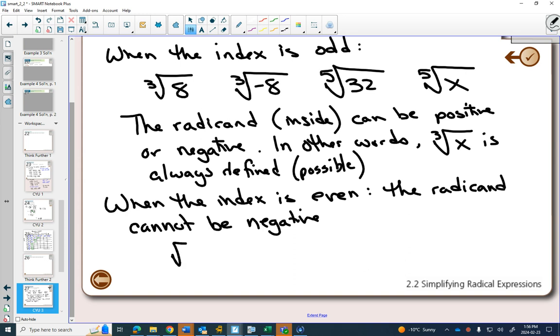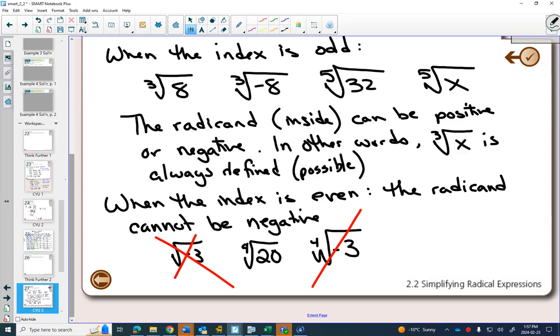So if you try to do the square root of negative 3, your calculator is going to get mad at you. It's going to be like, error. It's not going to be happy whatsoever. And it even means like, if I had the fourth root of 20, no problem. But if I have the fourth root of negative 3, it's going to come up with an error.